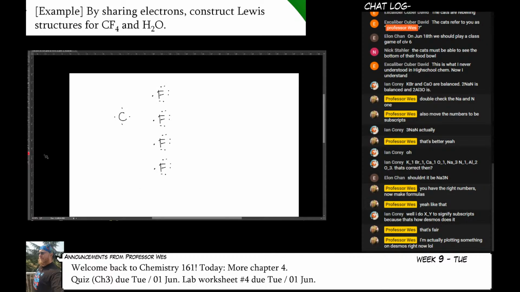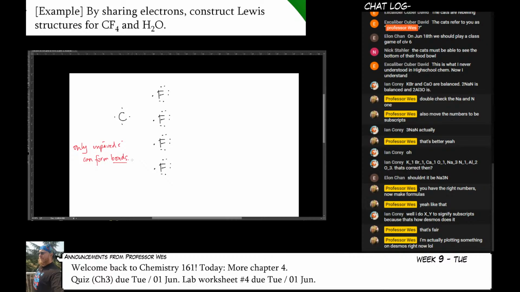All right, so now what can I do to share electrons? If I'm going to share electrons, they have to be unpaired. Only the unpaired electrons can form bonds.